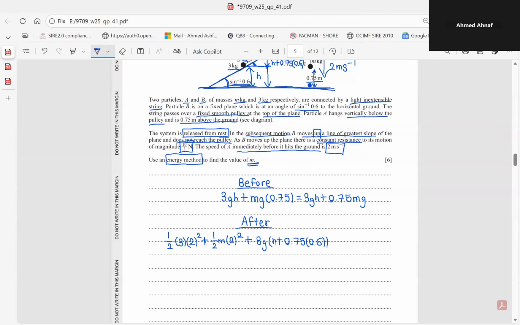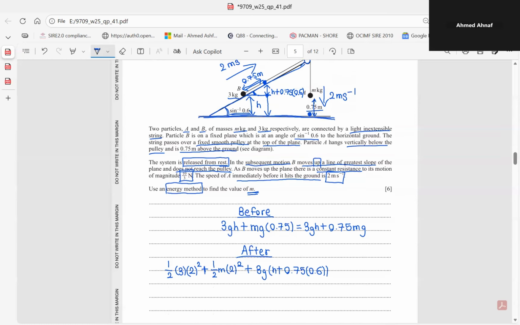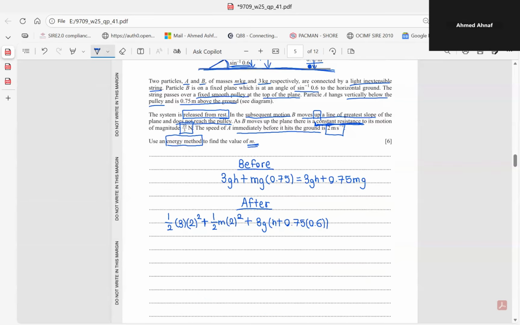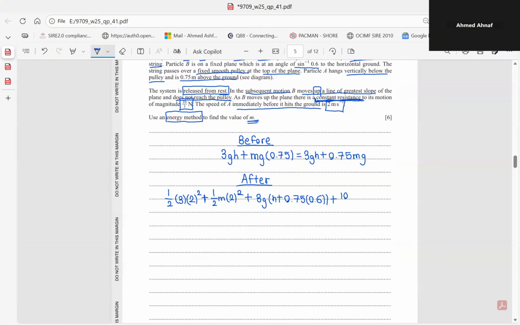One last thing to note is the work done against the resistive force. Even though it is not in the diagram, you have to take note of it, as that's the energy lost. If you take the difference between the energy before and after, you'll get the energy lost, but since we're going to equate them, we have to account for the loss, which is the work done against resistance. The resistance is 10 over 3, and work done is force times distance.